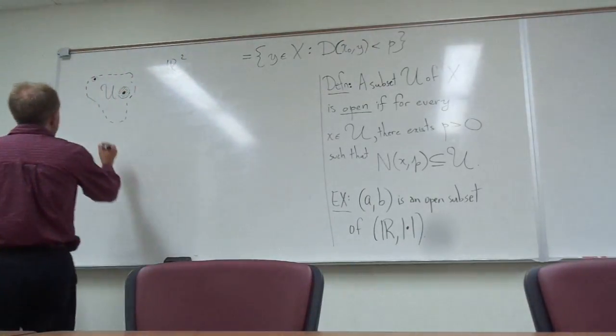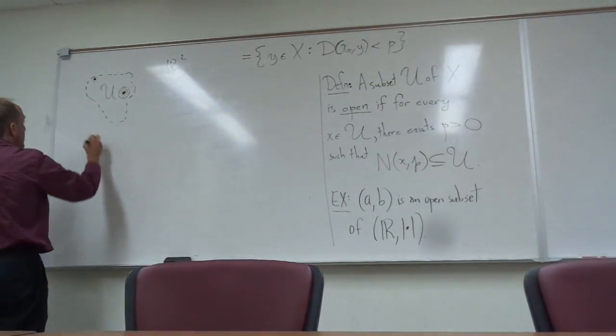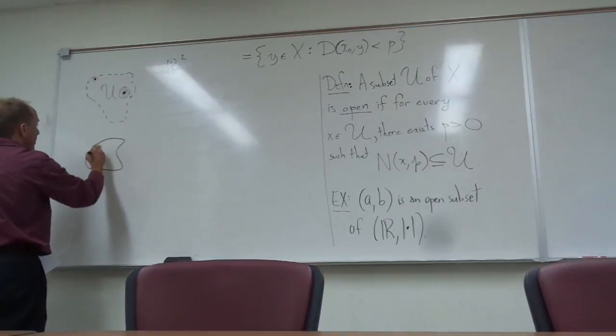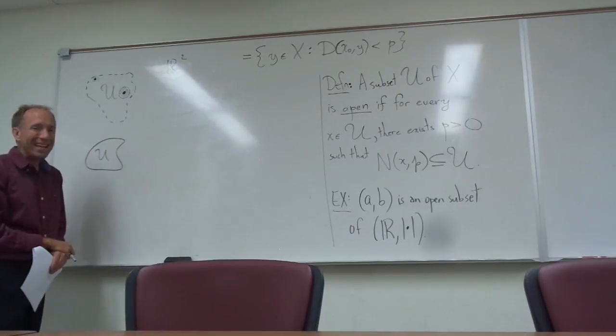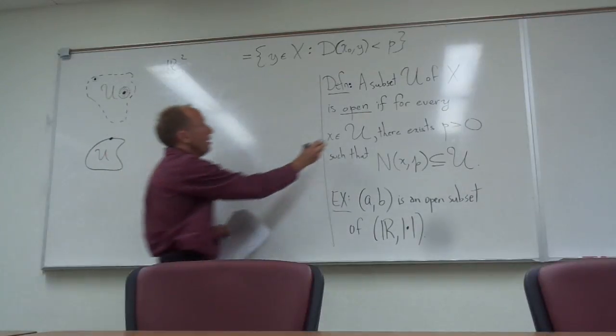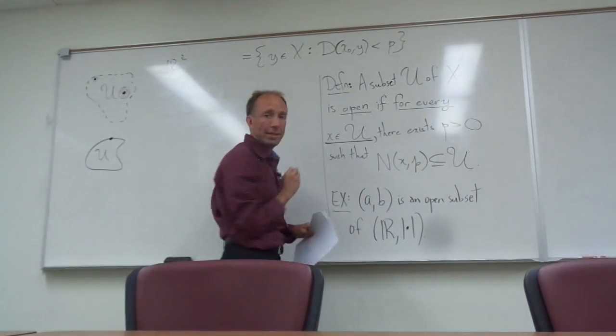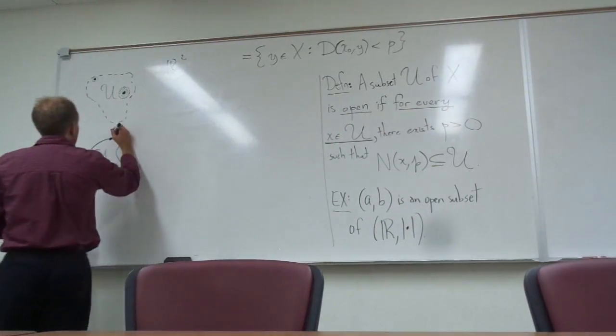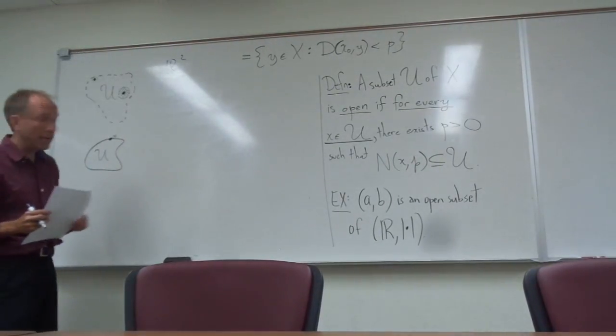Now, if you decided to include the boundary here, it's not going to be open, is it? Because remember, this has to be true for every x in the set. So I could pick my x right there on the boundary of the set.